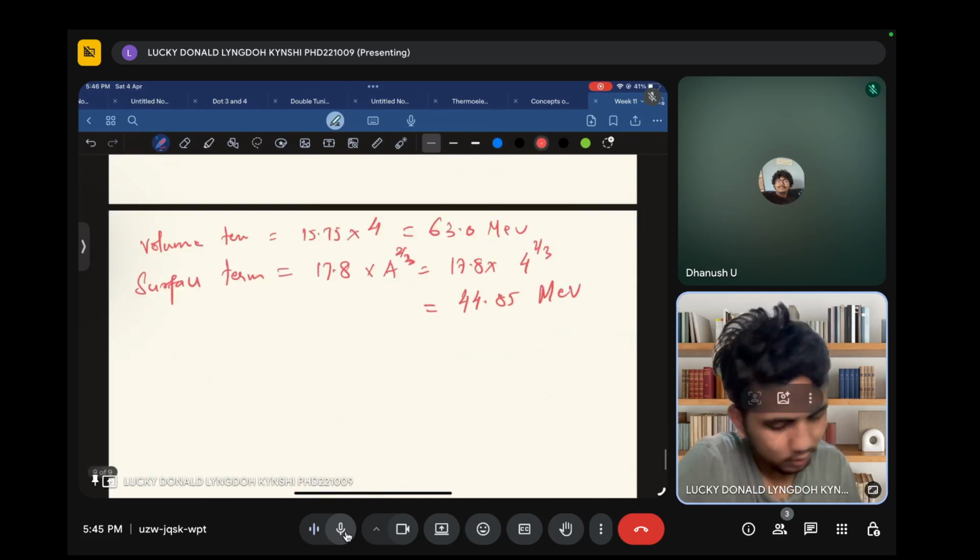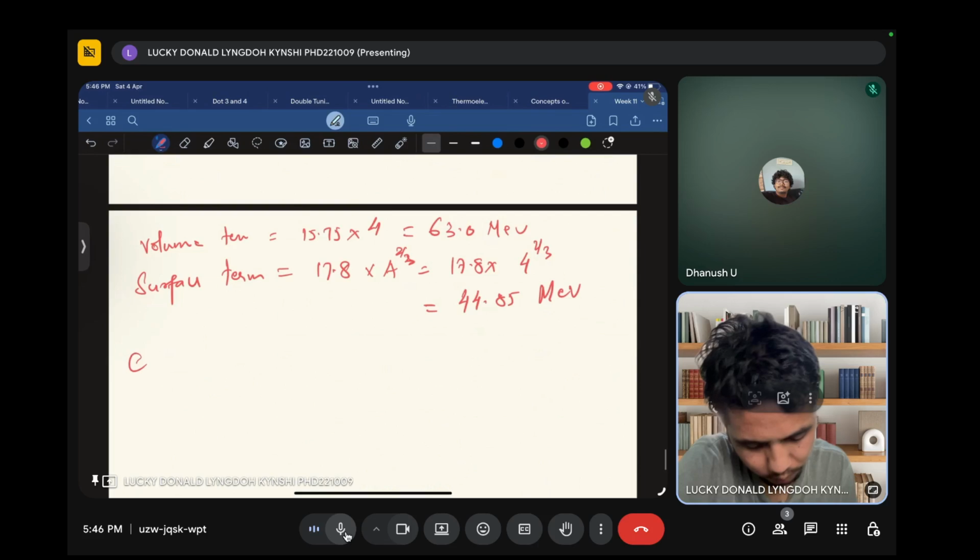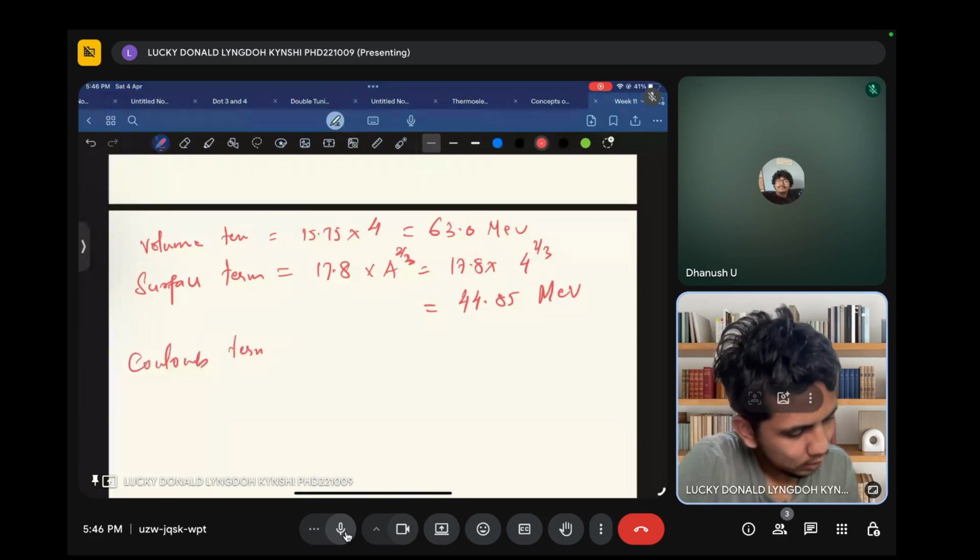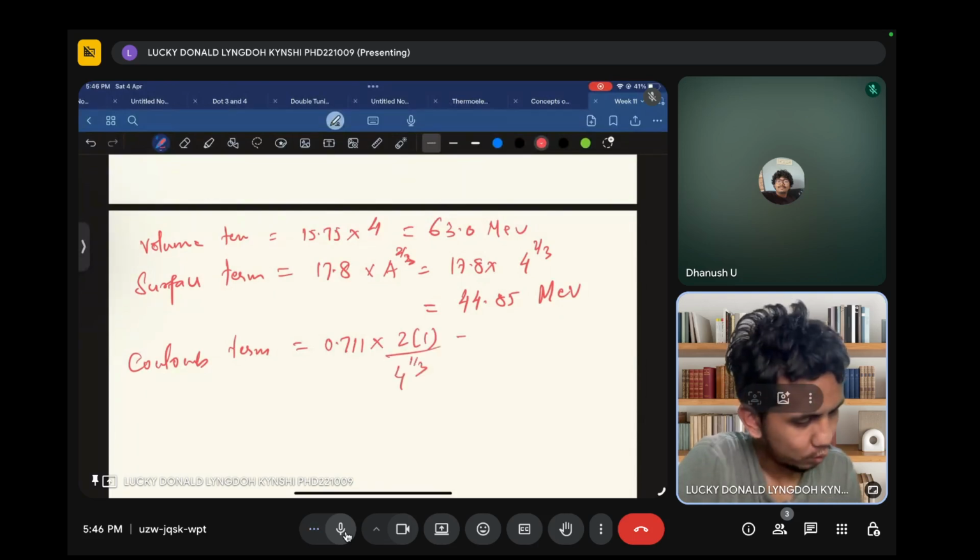Okay, so let me just quickly write what the Coulomb term is. The Coulomb term will be equal to 0.711 into 2 into 1 by 4 to the power 1 by 3, equal to 0.896 MeV.